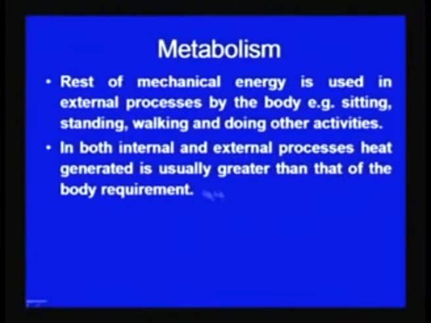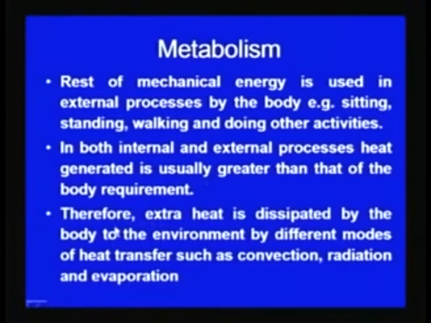So, whatever heat is generated is generally found greater than the body requirement, and that is why the heat generated by the metabolism process should be dissipated to the surrounding environment. Therefore, extra heat is dissipated by the body to the environment by different modes of heat transfer such as convection, radiation and evaporation.